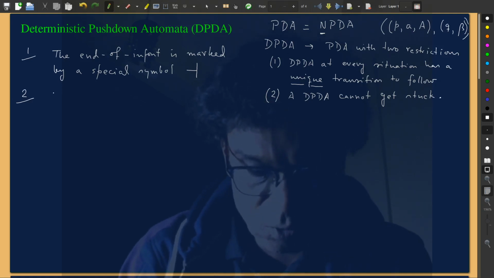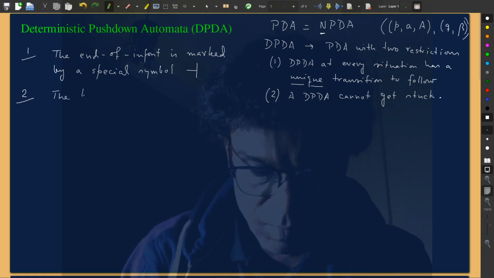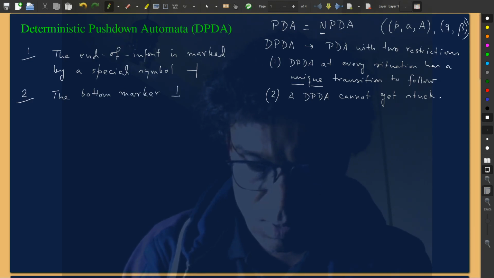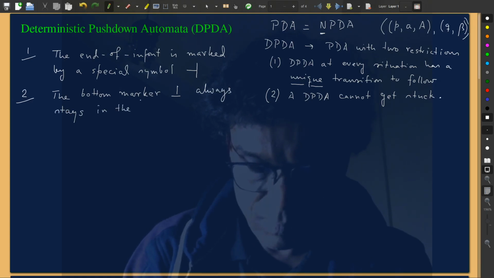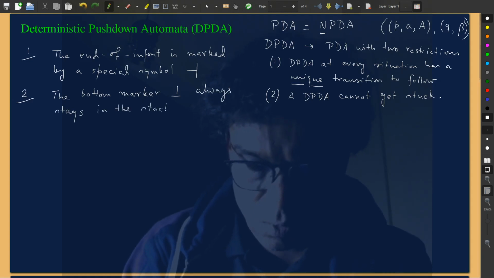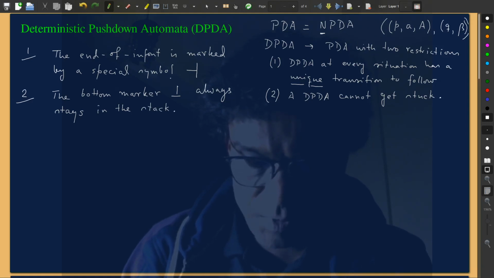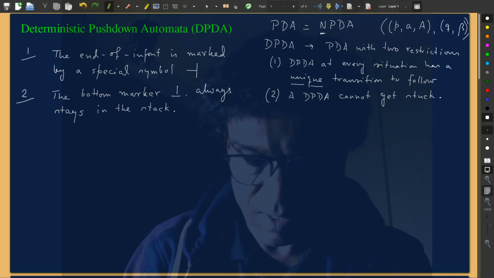So the bottom marker always stays in the stack at the bottom. It is impossible for a DPDA to pop this out and make the stack empty, because from that point onward, the DPDA essentially gets stuck, and that is not allowed.